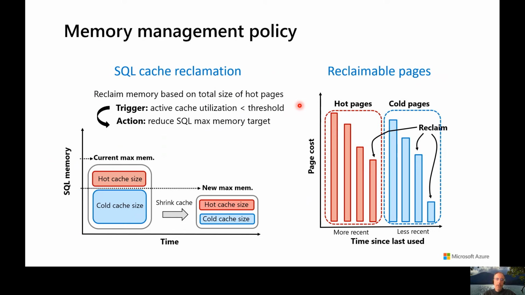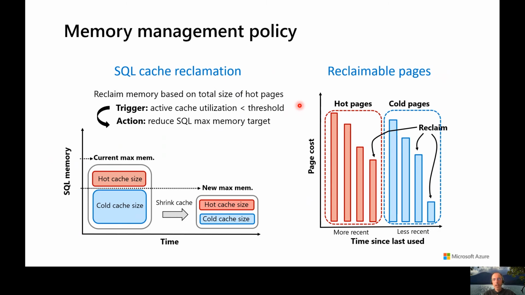The process of reducing that SQL memory target will, of course, cause page evictions, cache entry evictions to occur. But the cache entries that are evicted aren't necessarily the oldest entries. They're instead the entries that are least costly to rehydrate.